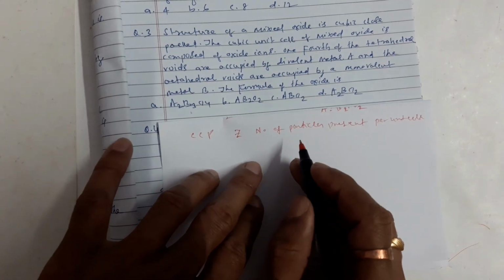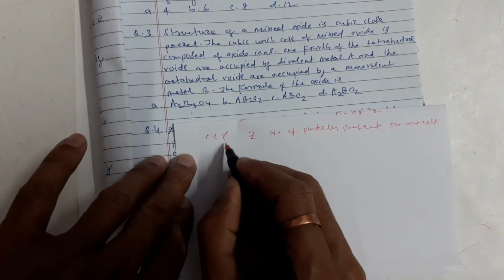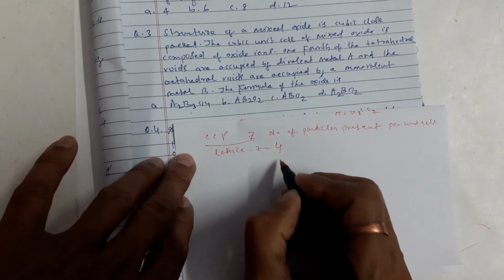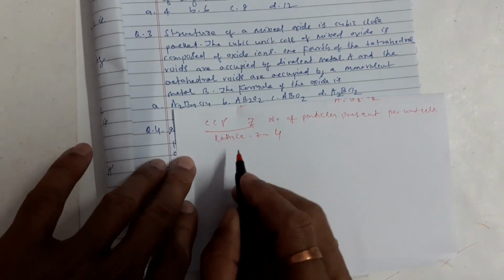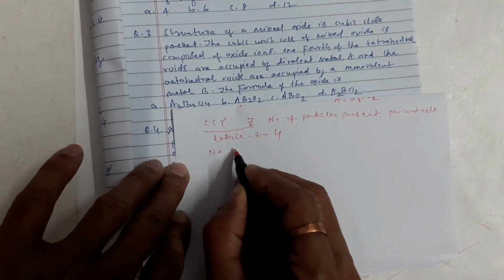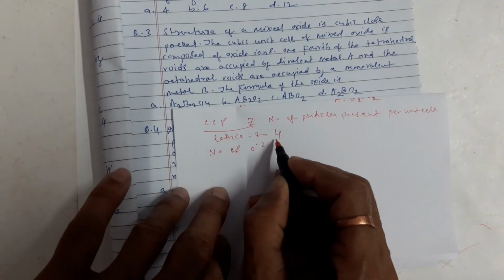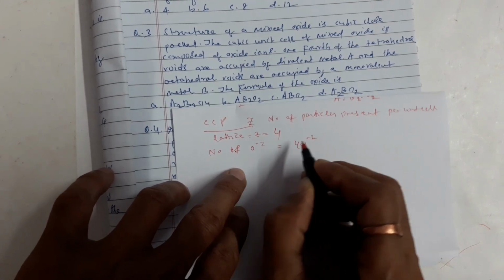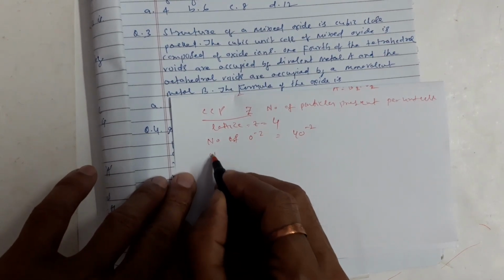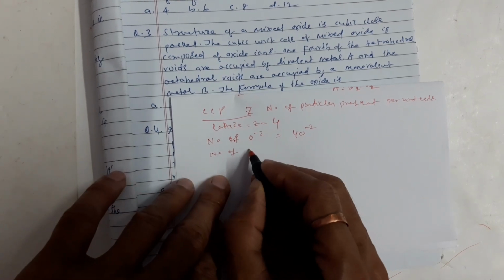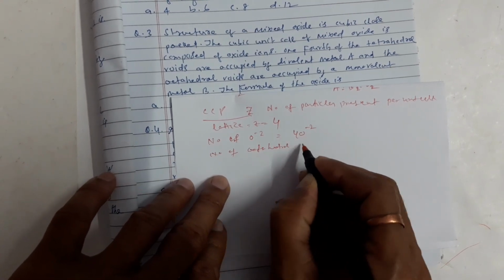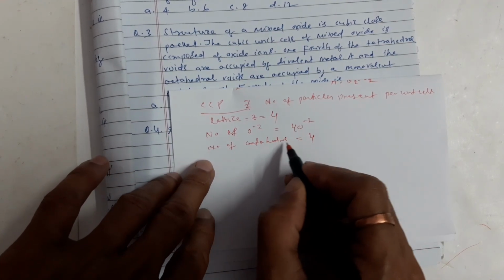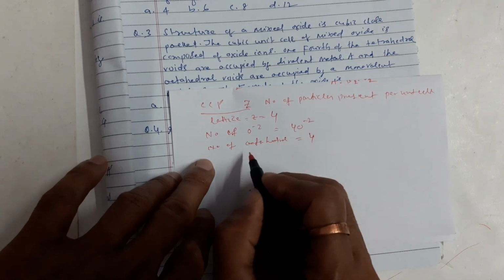So in CCP, Z is 4. So the number of oxygen atoms, that is oxide O minus 2, is 4. The number of octahedral voids is also 4. Always octahedral voids are equal to the oxide.